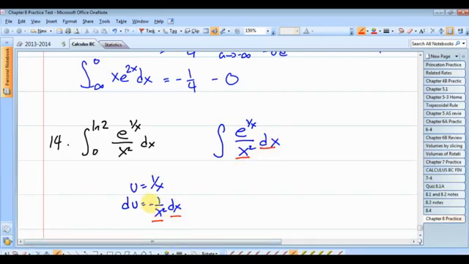I don't have this negative, so I'm going to shoot it over to the du. So this antiderivative becomes the antiderivative of e to the u times negative du. That antiderivative is just negative e to the u plus constant.